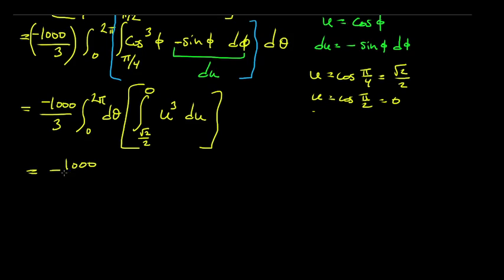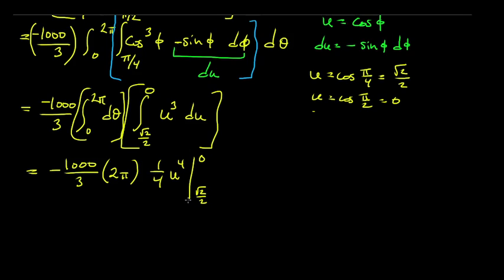This is negative 1,000 over 3. Let's do this integral right now, from 0 to 2 pi, minus 0 is 2 pi. For the u integral, we're going to get 1/4 u to the 4th evaluated between square root of 2 over 2 and 0. Another way to write square root of 2 over 2 is 1 over the square root of 2. Remember, at this point we don't need to rationalize our denominators anymore. You could, but you don't have to here.